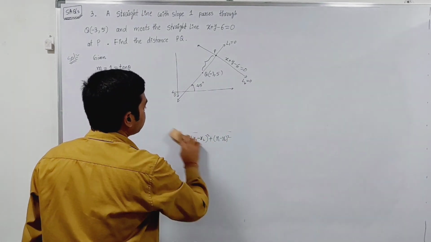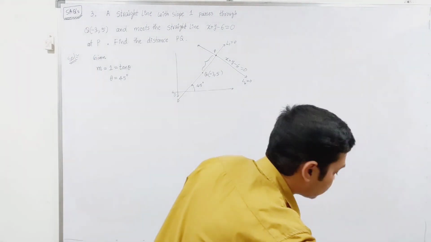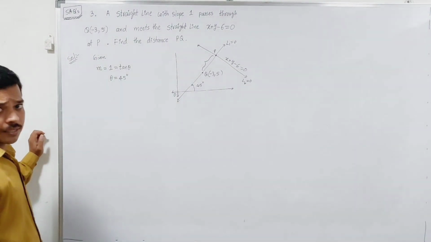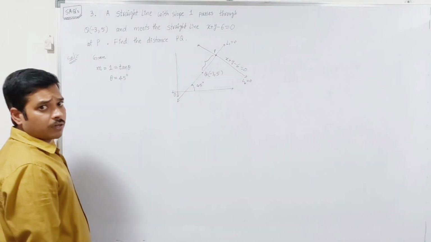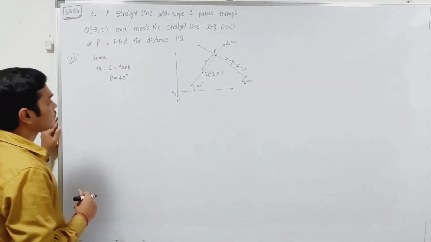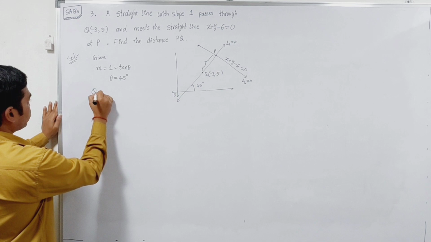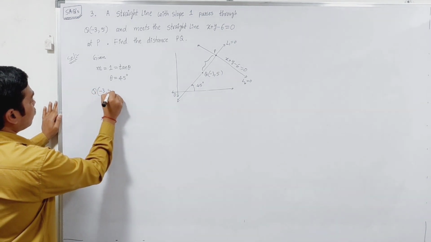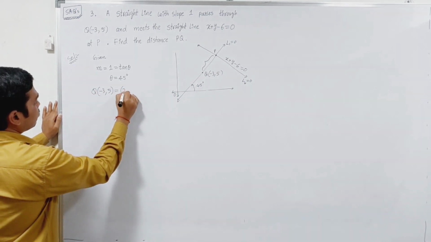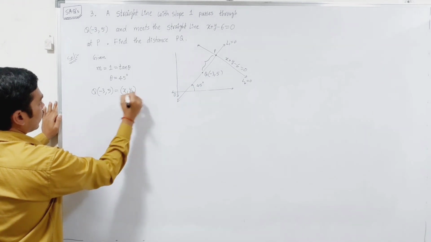What is the parametric concept? Parametric points on a straight line are (x1 plus or minus r cos theta, y1 plus or minus r sin theta). In this problem, the given point is Q(-3, 5); let us assume it is (x1, y1).